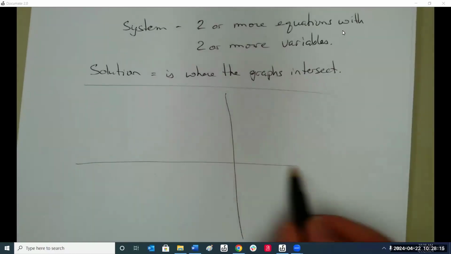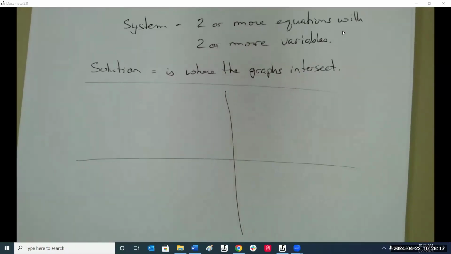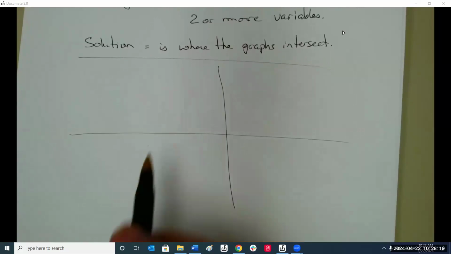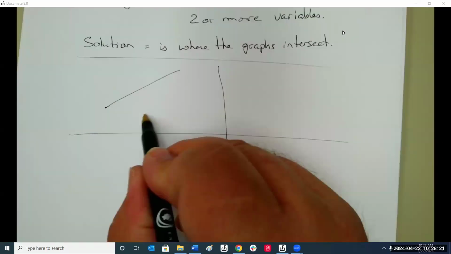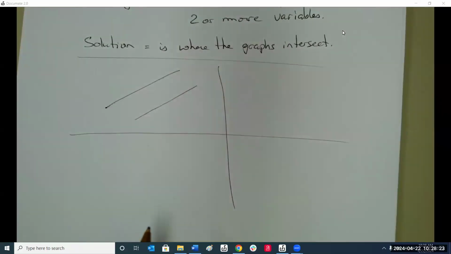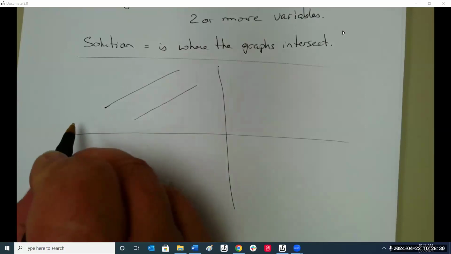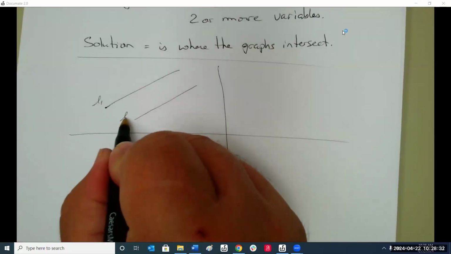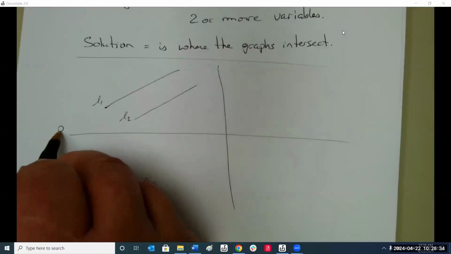We talked about this in chapter two. If you have two lines, if you have two equations, there could be four possibilities. Here's line one, here's line two. They could be parallel.